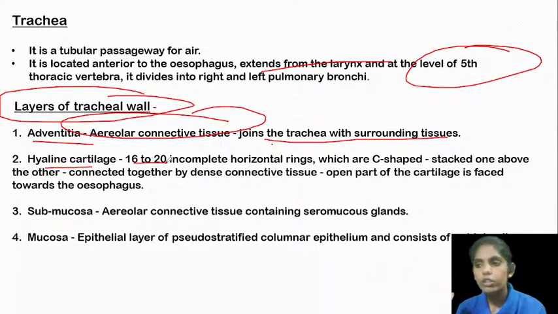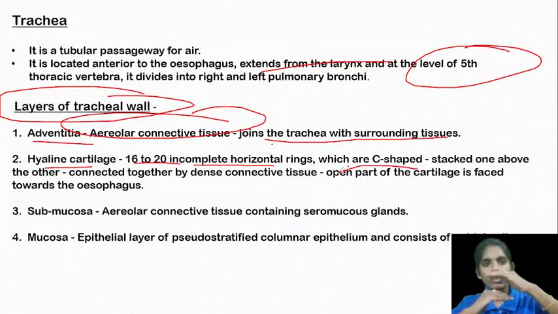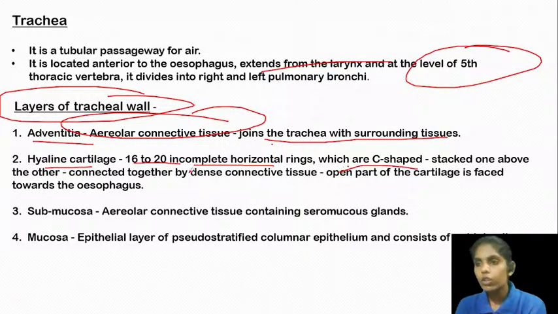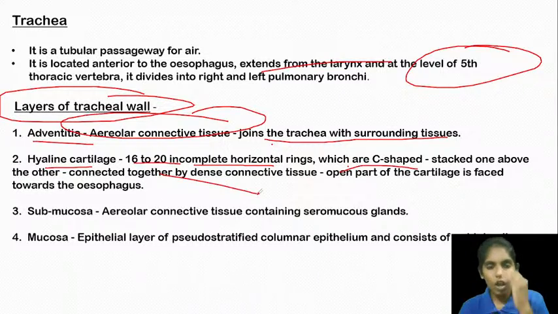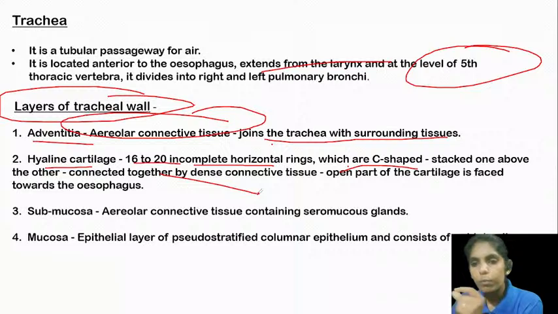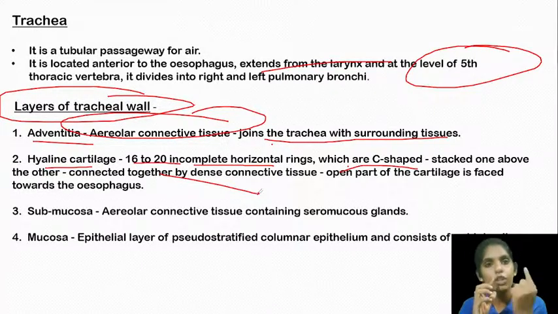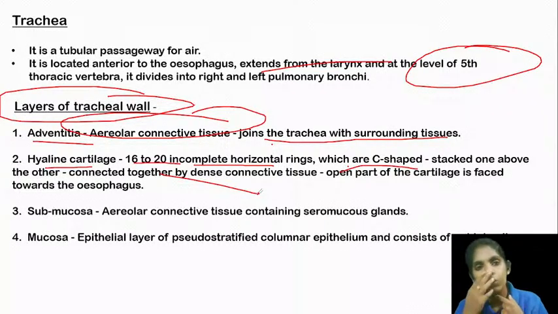These cartilages are stacked one above the other, and they will support the trachea. They are connected together by a dense connective tissue. C-shaped means one part doesn't have the cartilage, and that part is exposed to the esophagus.